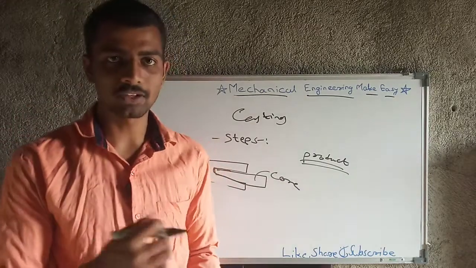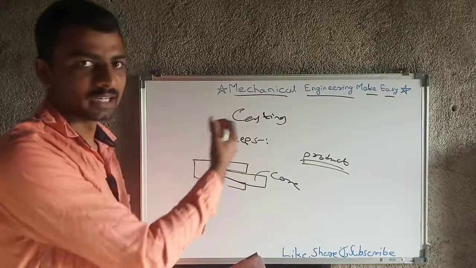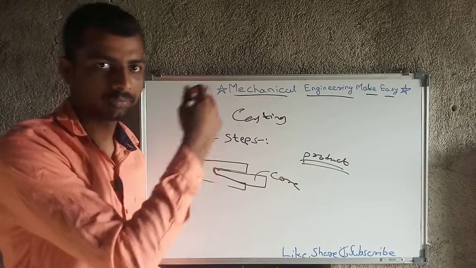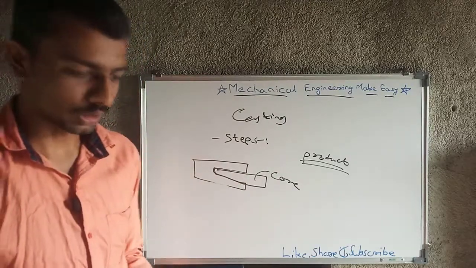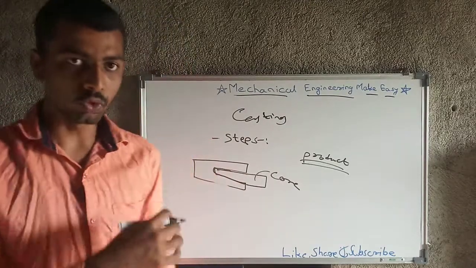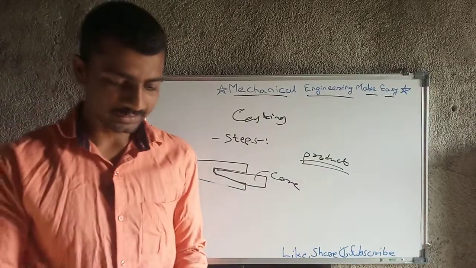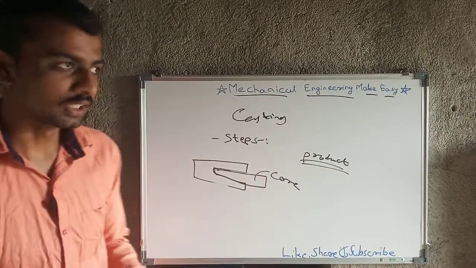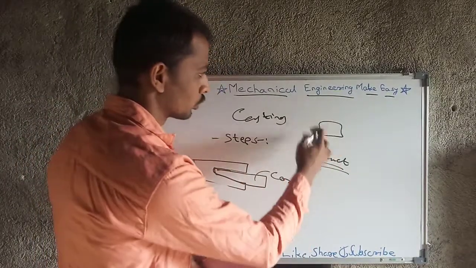After that, the melting of metal, because everything is going to happen after melting of metal. The molten metal is then poured into the casting cavity. So melting, and after that the pouring of the molten metal into the cavity. Then the next step is finishing. Yes, the casting product is developed now, but we have to do some finishing.